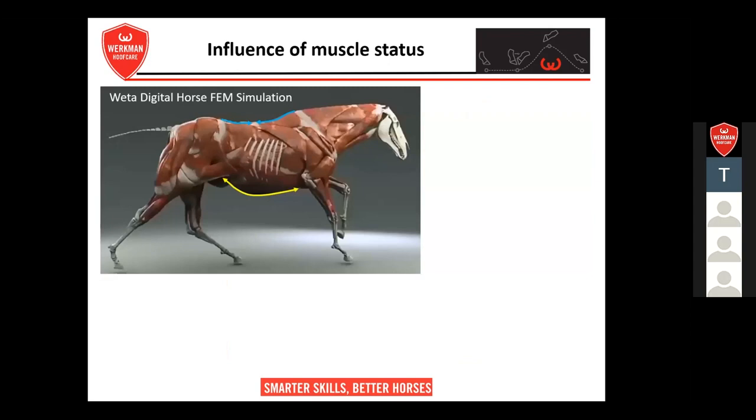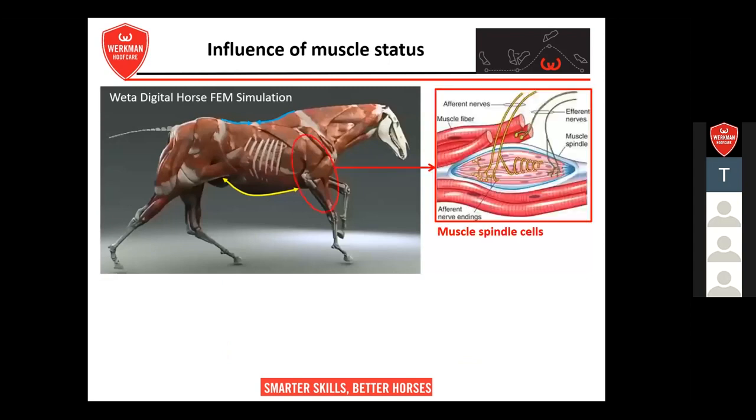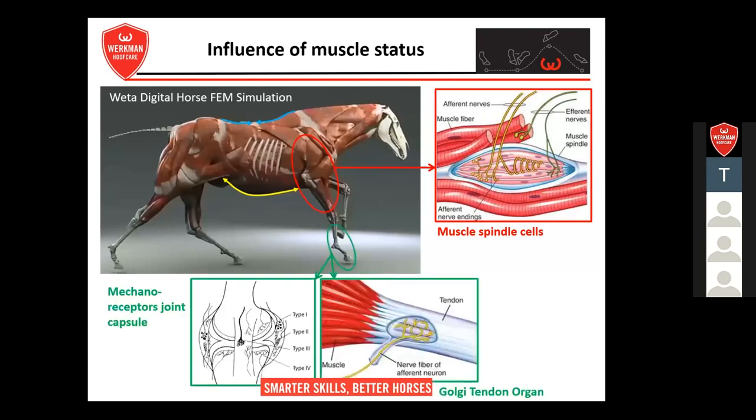And then, of course, we already saw that we have some receptors in the muscles. So these muscle spindle cells give feedback to the spine and to the cerebrum, to the brain, about the tension of the muscles. And then we have some receptors also in the joints and tendons, also giving feedback to the central nervous system.